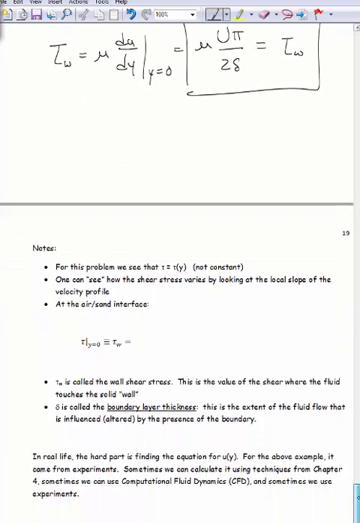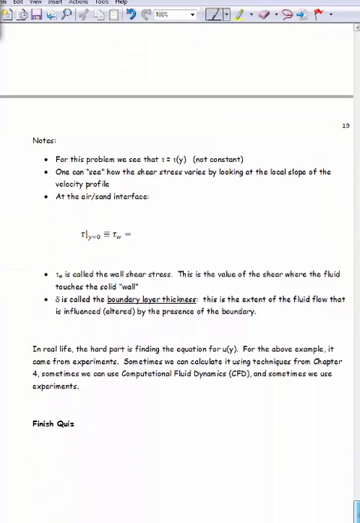We can see how it varies by looking at how u is changing. Where u is changing the most, you're going to get the highest strain rate and therefore the highest shear stress as well. Again, tau at the wall at the air-sand interface was mu du dy at y equals 0. That's the wall shear stress.